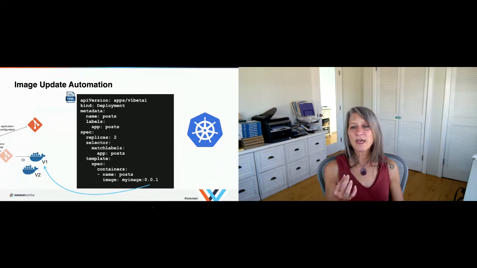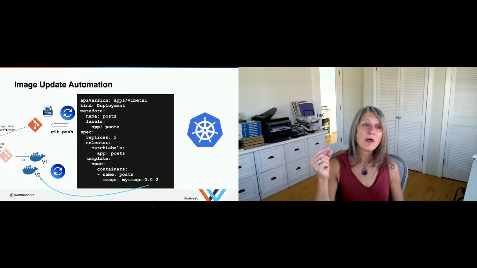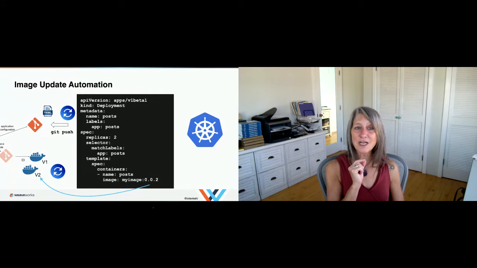What we do with GitOps is that we have a convergent mechanism. We have a loop that is constantly running and watching that image repository. And when it detects that you have bumped the version in your image repository, it has another loop that says, I see now that I can write that version number into my application configuration.